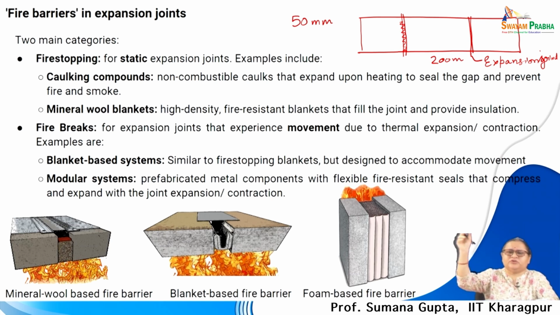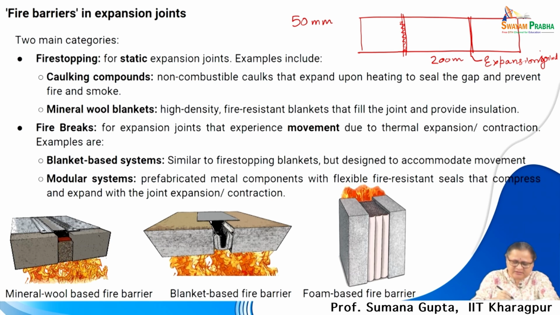In institutional buildings, in assembly buildings, you can even see these gaps. This will also be along the elevation. So, fire and smoke can come out through these gaps. So, you need proper sealing of these gaps.